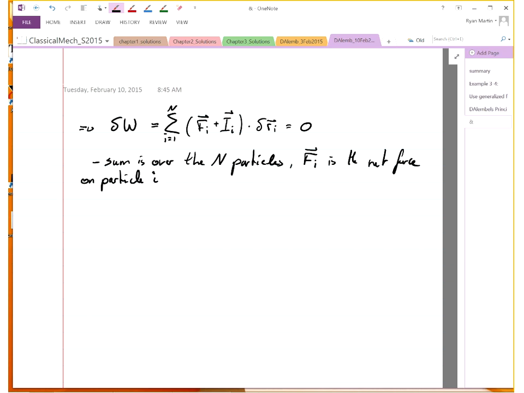So now it makes sense that each of these capital I sub i terms belongs to each particle because they're each going to have a mass m_i. Alright, so the capital I term is minus the mass of particle i times the acceleration of particle i.